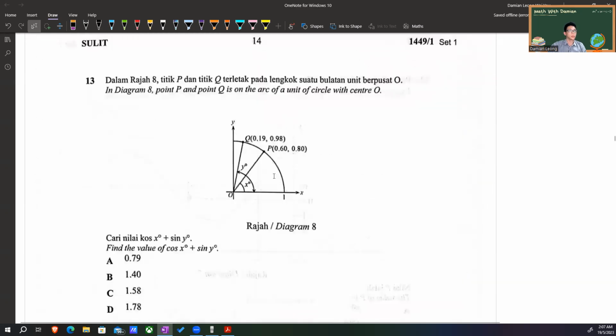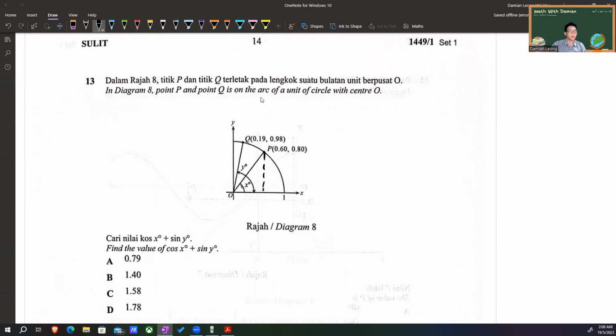Question 13. Points P and Q are on the arc of a unit circle with center O. Find cos x plus sine y. Cos is adjacent over hypotenuse.